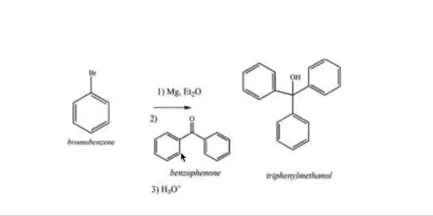The benzophenone only has 2 rings. Triphenylmethanol has 3. Therefore, 1 molecule of triphenylmethanol is going to weigh more. So we need to think about molecular weights, and we need to think about moles. And the reaction does let us know that 1 mole of benzophenone should give us 1 mole of triphenylmethanol.